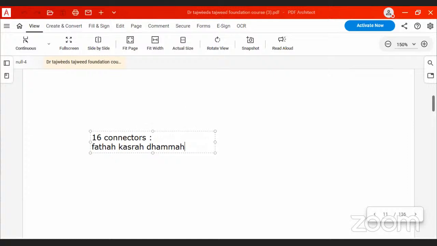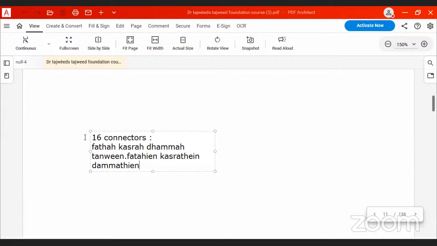Now the next 3 connectors are tanween. Which are the 3 tanween? Fathatain, Kasratain, Dhammatain. Okay. So we are trying to learn the 16 connectors within classes.